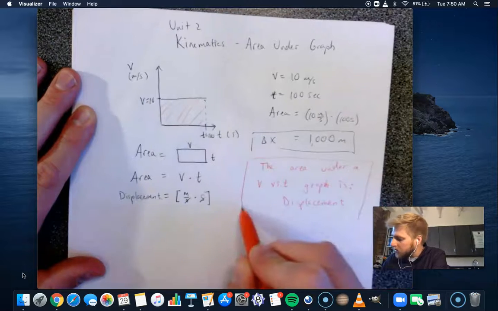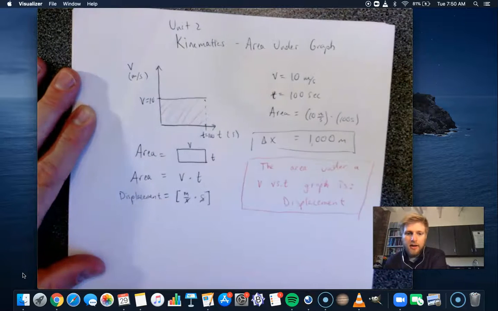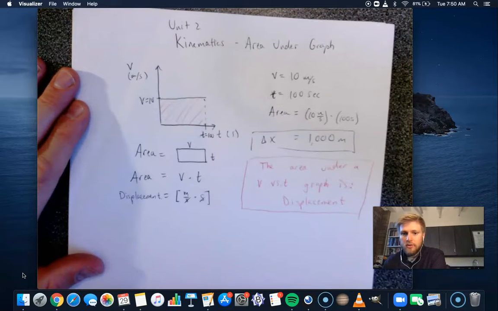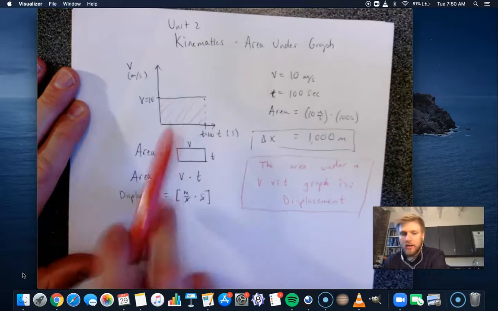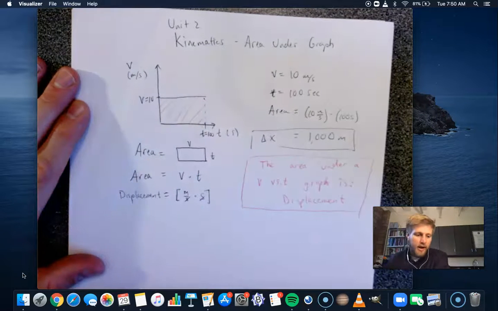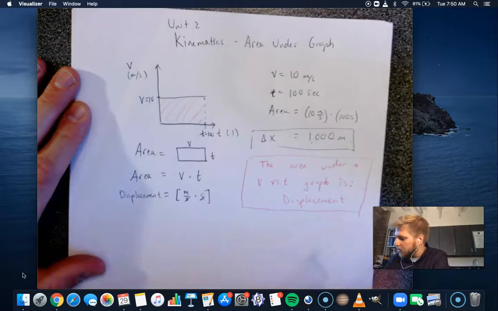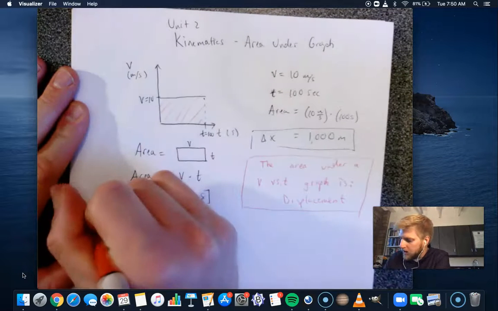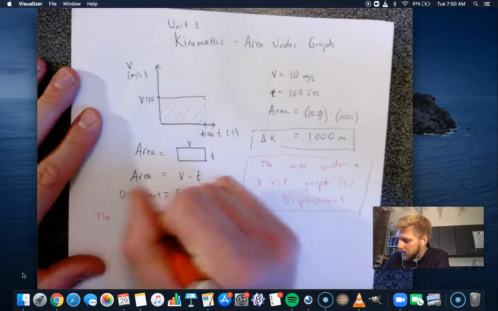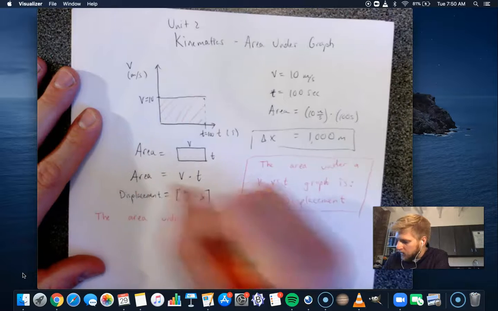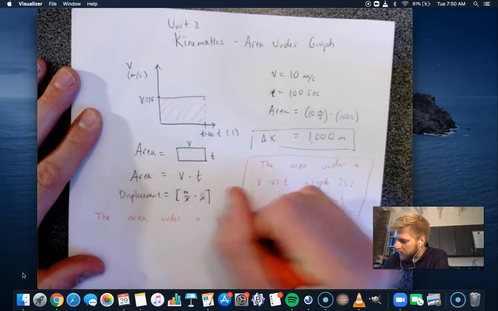You don't need to memorize it because you can always just go back and check the units. This is really useful graphically, and what we're going to find out is that we call this area, I'm going to write another important fact in red, the area under a graph.